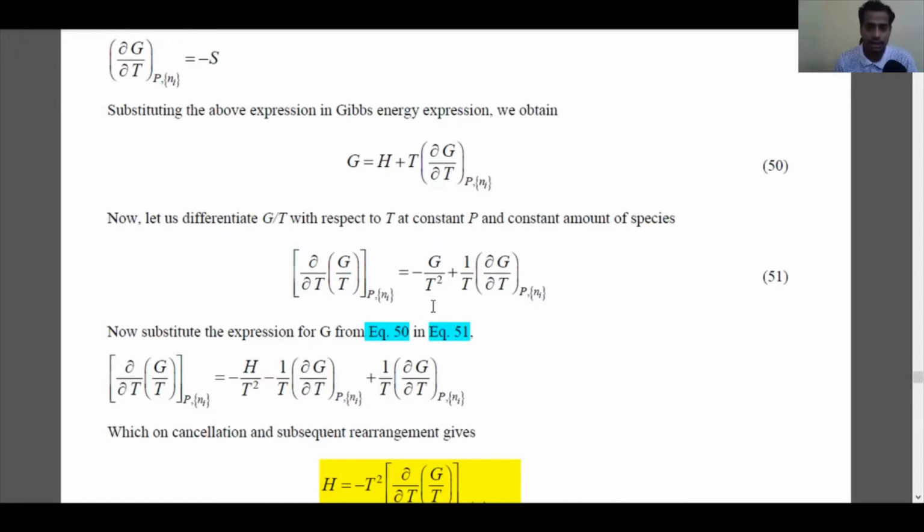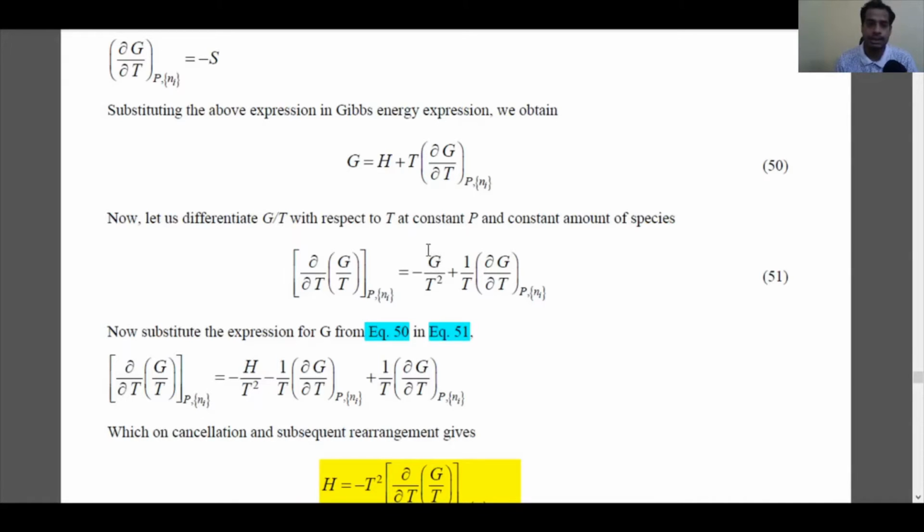Minus G by T square plus 1 over T partial Gibbs energy over T at constant pressure and number of moles. In this equation 51, instead of G, I will substitute the expression for Gibbs energy from equation 50.